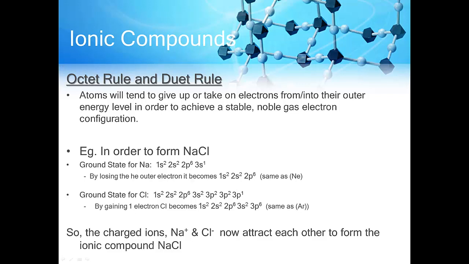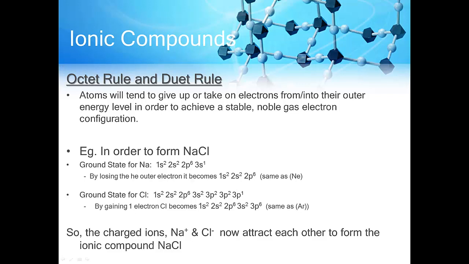Now let's see how this applies to the octet and the duet rule. Atoms will tend to give up or take on electrons from or into their outer energy level in order to achieve a stable noble gas electron configuration. So we would expect our chlorine in sodium chloride to gain only one electron, not two.